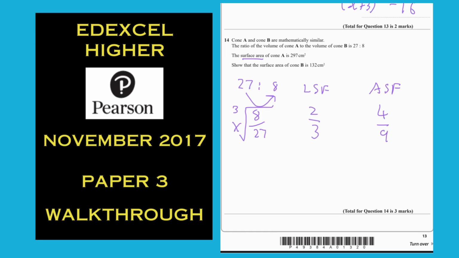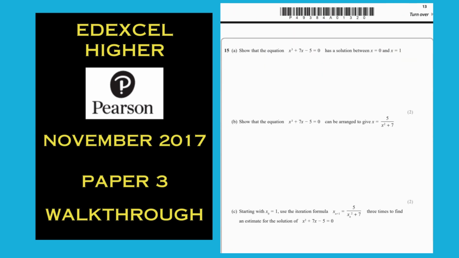So the area scale factor is a multiplier of 4/9 when you go from cone A to cone B. We've got the surface area of cone A, so we multiply it, and we get, as you can see, it's a show question. We hope we get 132. Calculator confirms it. Nice.